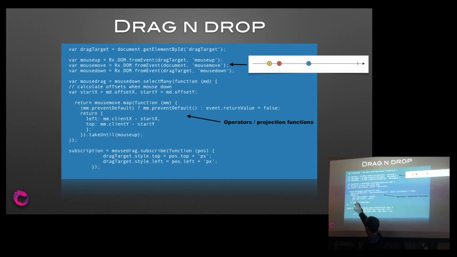So we're just returning an object with these positions, and we do position.top, position.left. We're just grabbing that in, and then we're doing the drag target style left, and that's how it's creating the dragging effect, because the for each at the very bottom is invoking these functions to start happening.